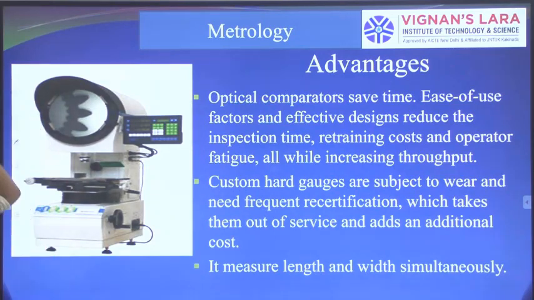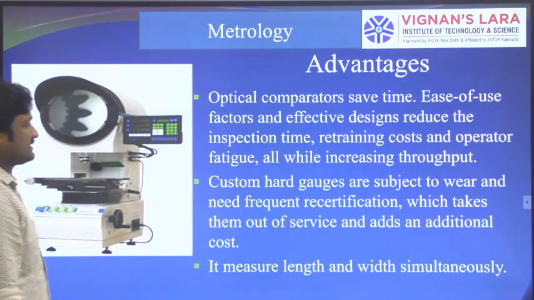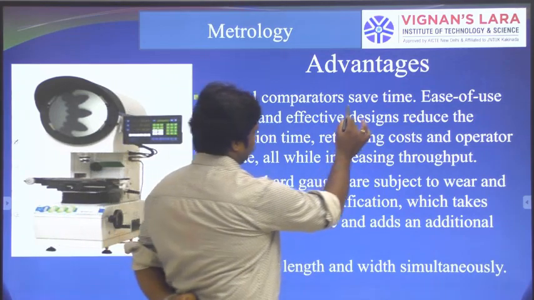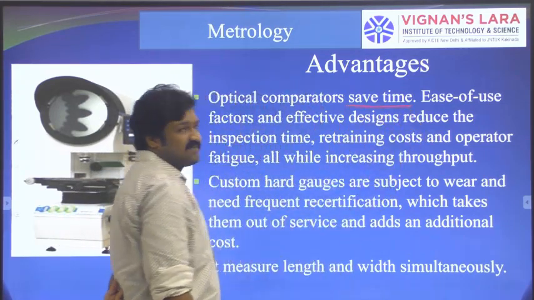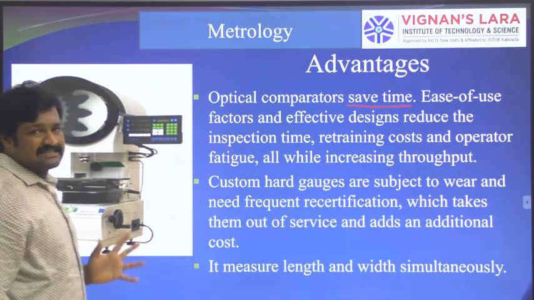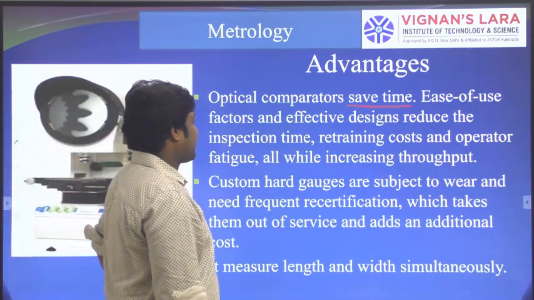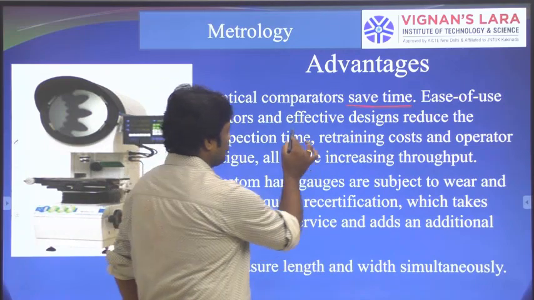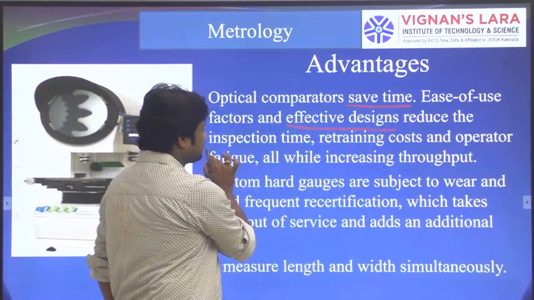Next, advantages. Optical comparators save time. By means of this magnified image, we can easily compare the component with an existing component, or measure the component, in less time. Ease of use and effective designs reduce the inspection time.